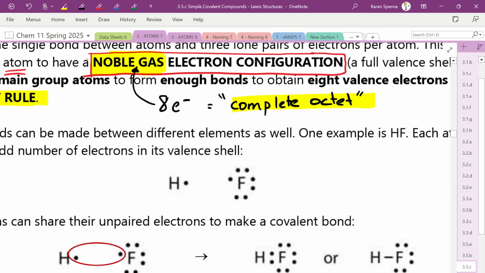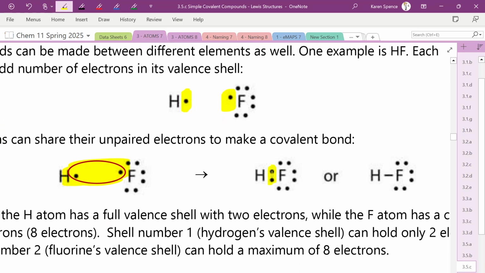Okay, so here's HF. And we have an unpaired electron here, and we have an unpaired electron here. Those two are going to get together and share. And we can have that little shared pair there, or that pair there. That gives hydrogen 2 electrons.